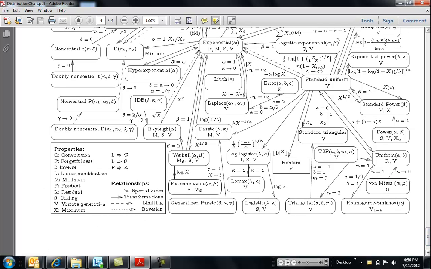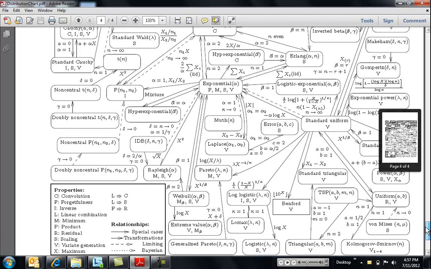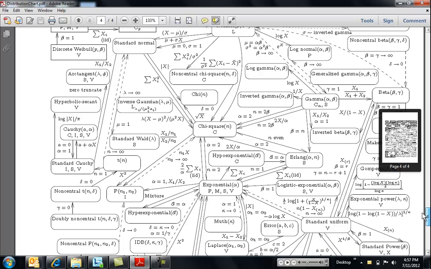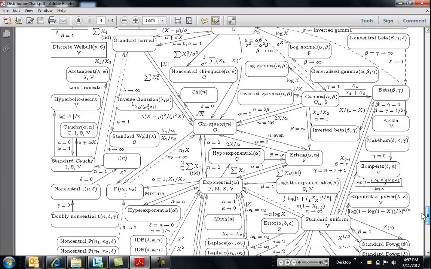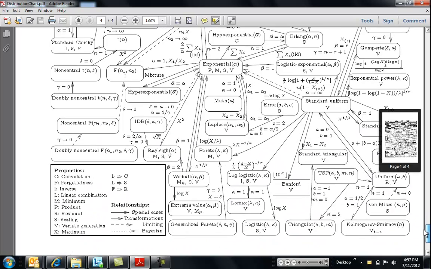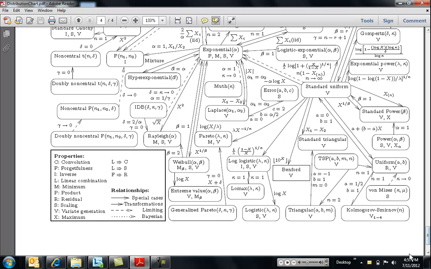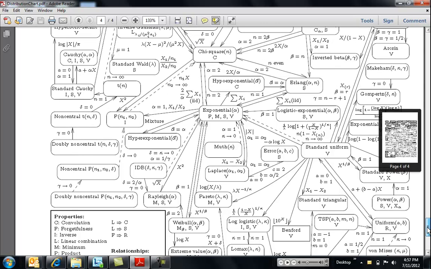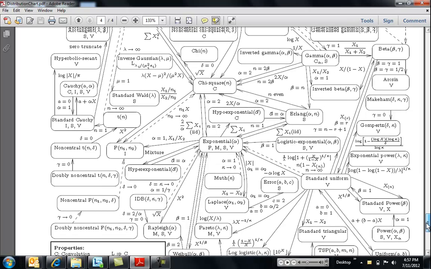So, for example, it was Michael that sent that email about the connection between the geometric and the negative binomial. Where is that guy? It should be down here, right? I don't see the geometric, maybe you do, but there should be a line between geometric and negative binomial.